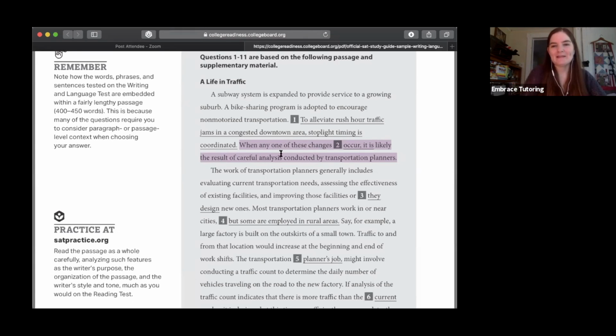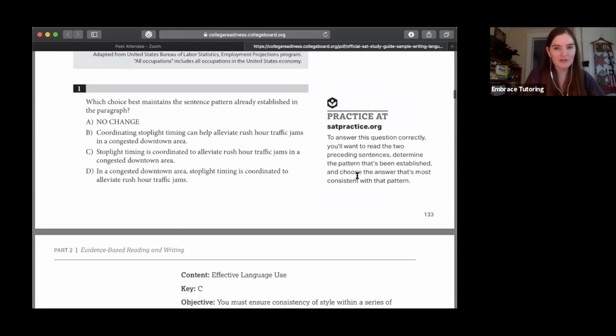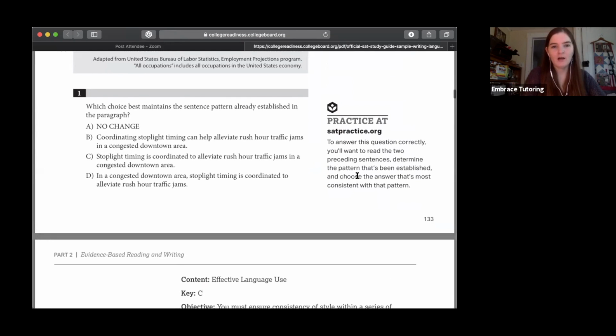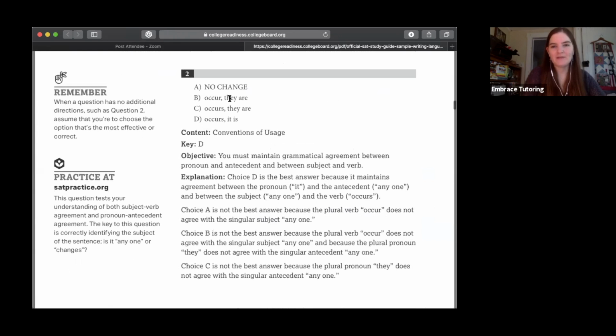So in this case, this is more of a grammatical detail type question. It's dealing with punctuation, so it's more of a grammar, mechanics and conventions type thing, because if we look at this, it's giving us different options, and we have to identify what type of grammar issue we're dealing with.